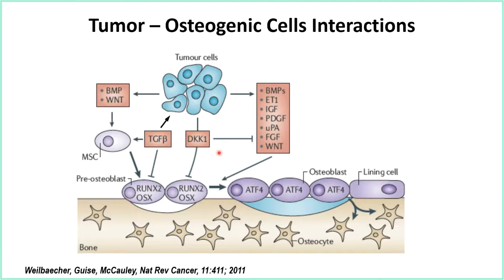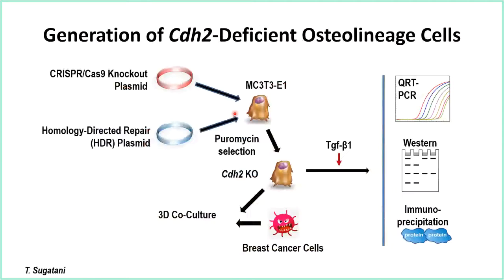So for this experiment, we actually focused on TGF-β because, as you can see here, it's really central and can be produced by osteoblasts. It can also be released by osteoclasts from TGF-β that's embedded in the matrix. And it's a very good tumor stimulator.